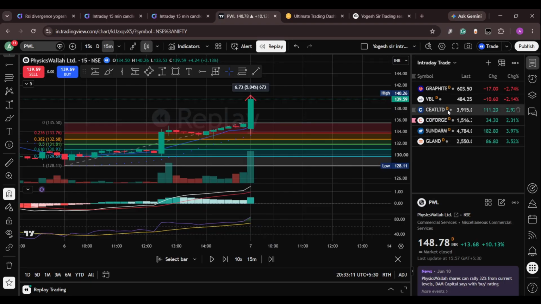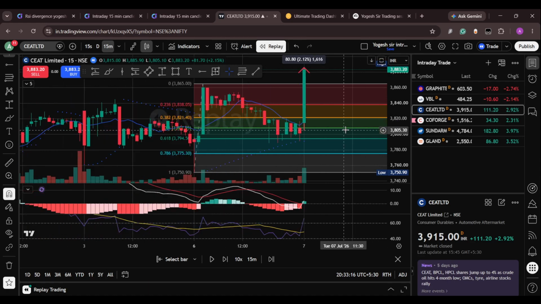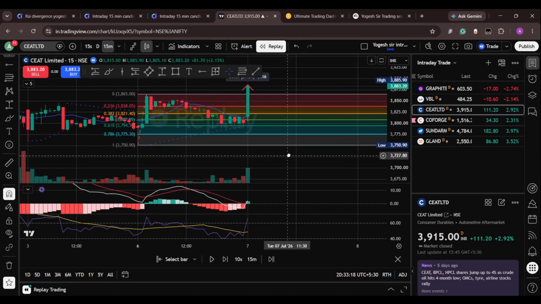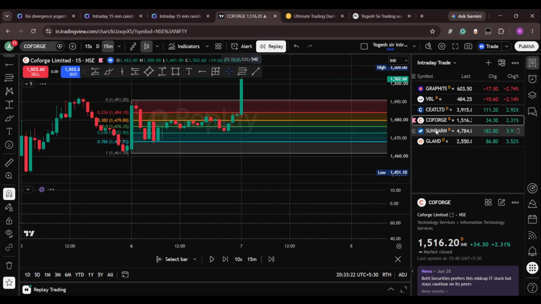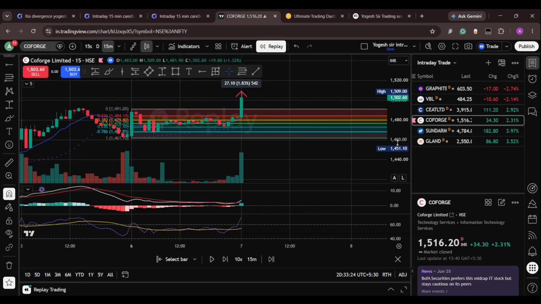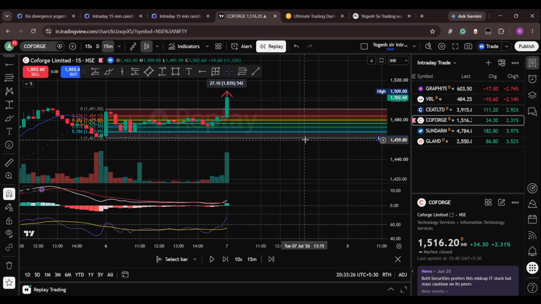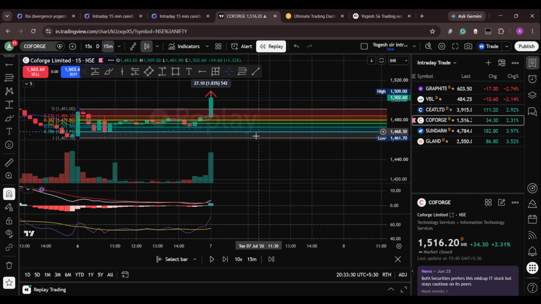So now from these four stocks, I need to shortlist a couple of them. This seems good. Coforge seems good.